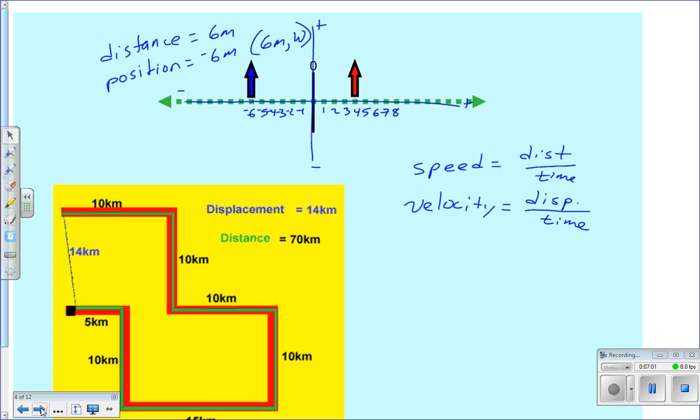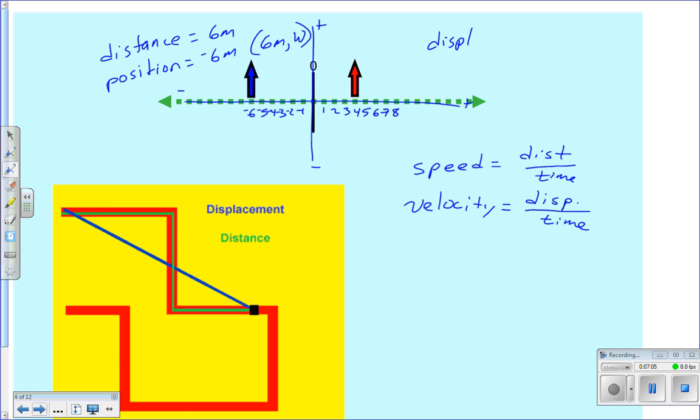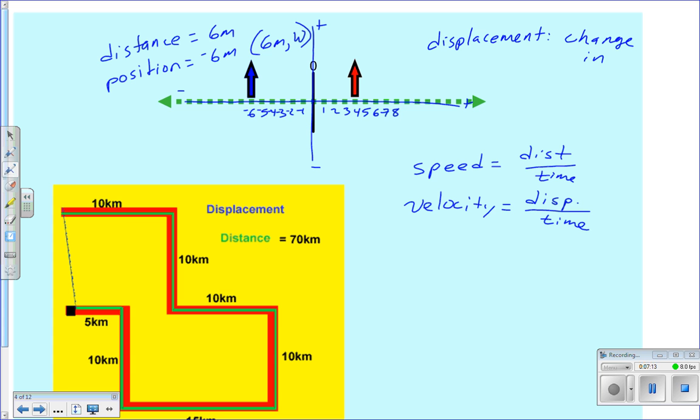Okay. So displacement is a change in position. And we always find change by taking final minus initial.